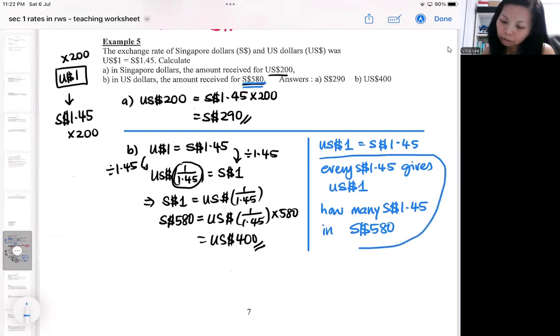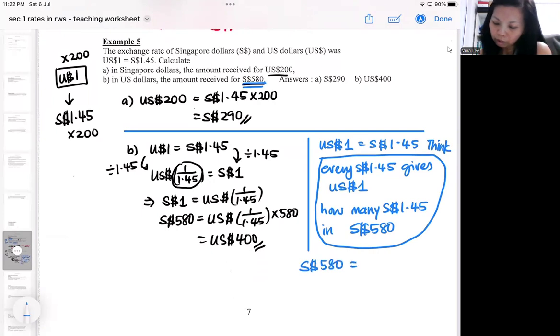If you think about it this way, your working is actually shorter. I'm trying to find out how many groups of $1.45 are there in $580, so I can just divide.